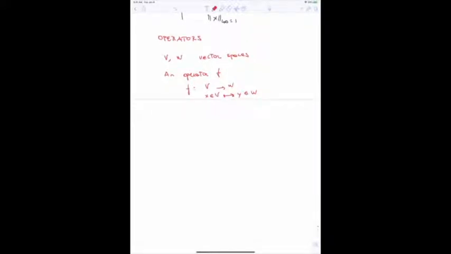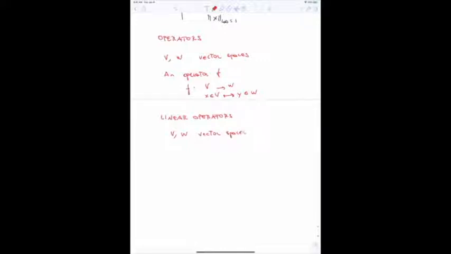Now, for what we're looking at, we're mostly interested in linear operators. So we have our vector spaces.